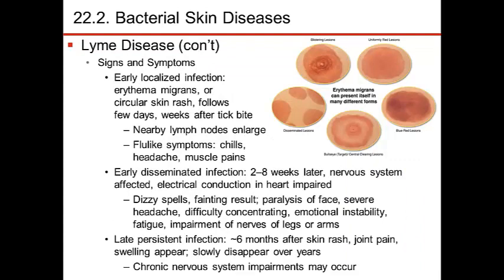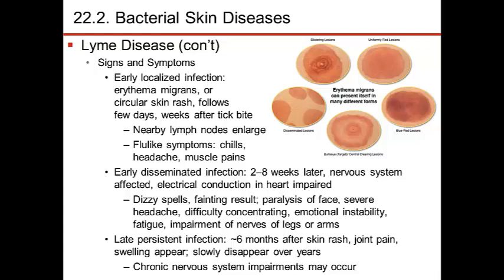The infection usually begins with a characteristic expanding skin lesion called erythema migrans. It's the bullseye skin rash that is diagnostic for Lyme disease. After several days or weeks, the spirochete may spread from the bite point to many different sites. This is called stage 2 or disseminated infection.